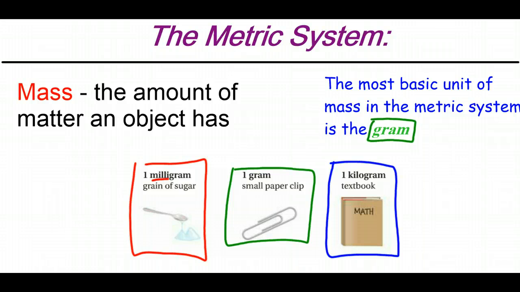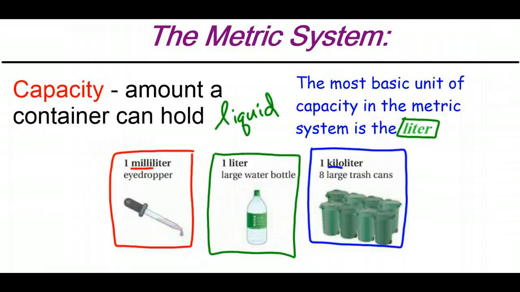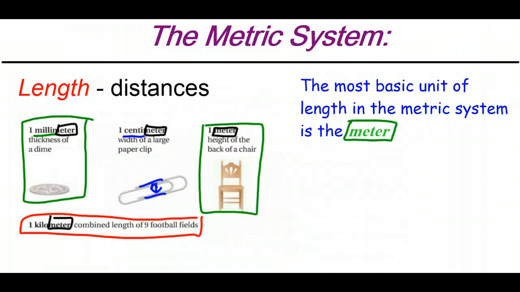And even that, compared to some things that we're used to seeing, humans, cars, desks, things like that, even a kilogram is not a terribly large unit of mass. But these are the basic units of the metric system. A gram for mass, a liter for capacity, and a meter for length.